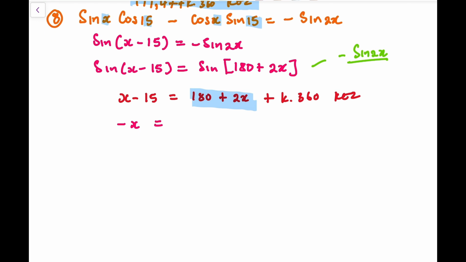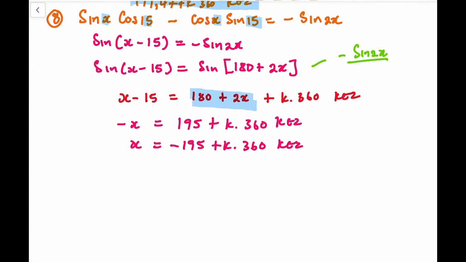So 180 plus 15 will give me 195. So it is 195 plus k multiplied by 360, where k is an element of all integers. Then divide by negative throughout. So x is equal to minus 195 plus k multiplied by 360, where k is an element of integers.